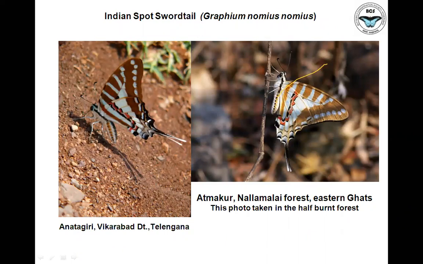Actually, that forest was dry at the time, and that day we were unable to see many butterflies in that area. But this one, we were able to see a lot. I thought it was somewhat equal for me.